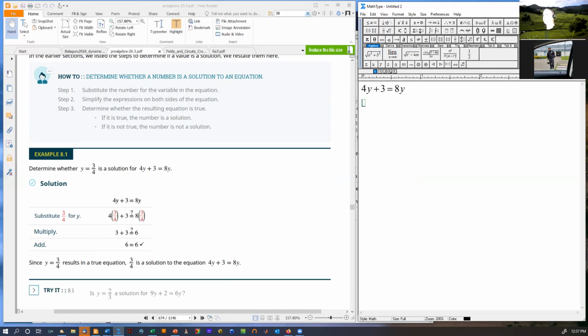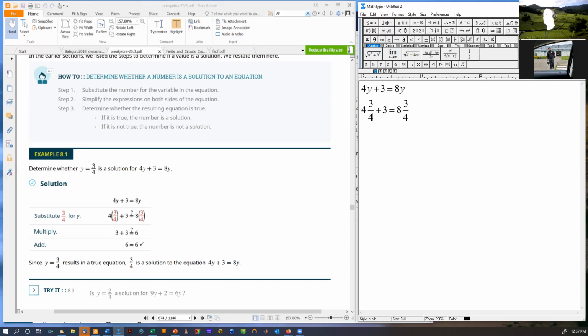So what we do is substitute this value for y into each term where we see y. This becomes 4 multiplied by 3/4, because that's what y is equal to, and then we add 3, and we want to see if it's equal to 8 times 3/4.